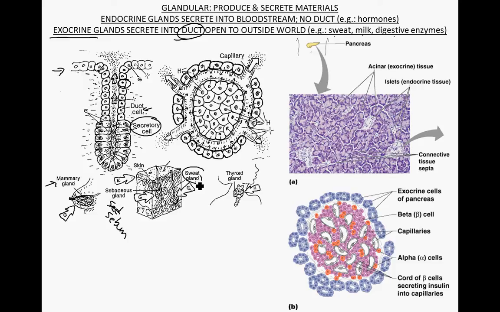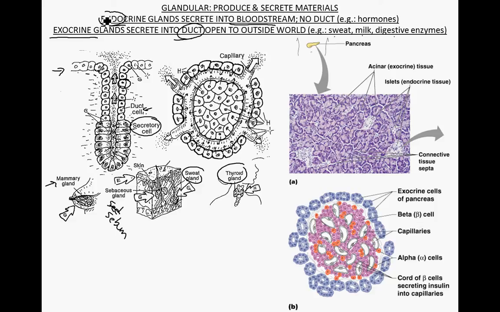So exocrine glands secrete into a duct that's open to the outside world, whereas endocrine glands, those cells, for instance, in the thyroid gland here, endocrine cells, will secrete into the bloodstream. Now, the bloodstream is not open to the outside world, so it's not exo, it's endo, within.